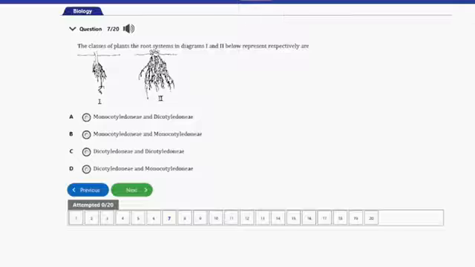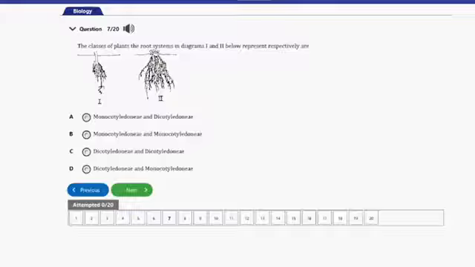D. Dicotyledona and monocotyledona. So guys, the answer to this question is option D here, and that's dicotyledona and monocotyledona. So let's take note that in dicots you have a taproot system, which is as shown here, and then in monocots we have a fibrous root system, which is shown in II. So that's it for this question.